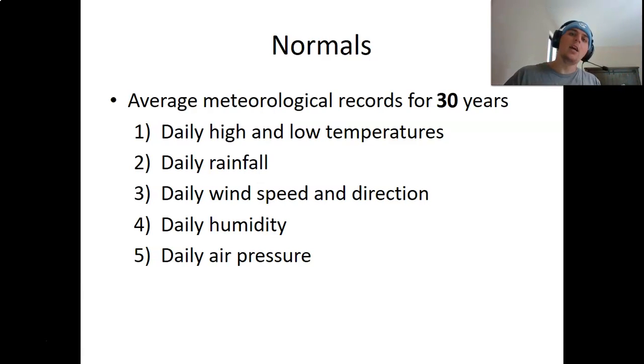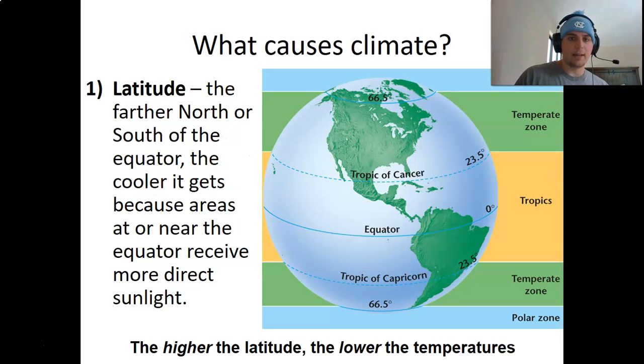We really like to see what is the normal. This records, as you can see, daily high and low temperatures, daily rainfall, daily wind speed and direction, daily humidity, and daily air pressure. The main reason that we have these normals is so that we can compare day by day what it looks like based on the normal.